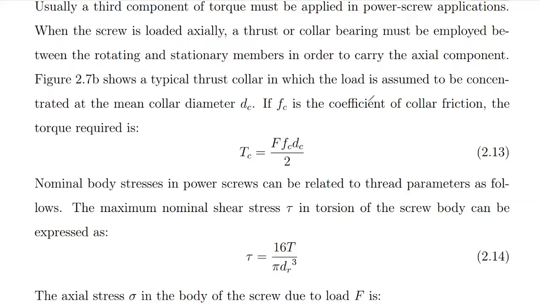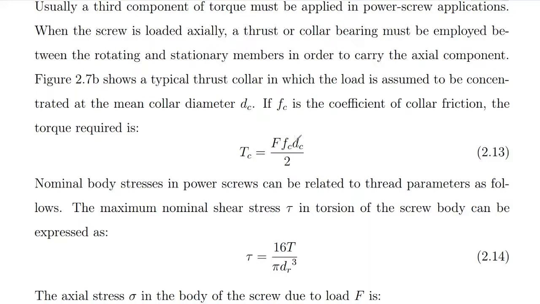If fc is the coefficient of collar friction, the torque required, Tc, which is the torque required for the collar, is equal to F fc dc divided by 2. So fc is the coefficient of friction for the collar, then dc is the diameter for the collar, and then divided by 2.